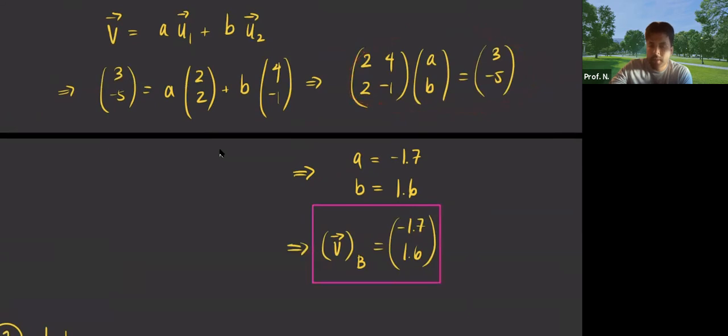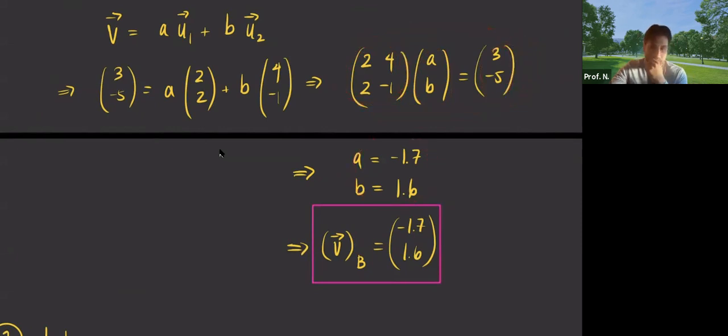In certain regards I'm going to skip over the details because we've been solving these equations so much that it's almost second nature now. When we have a system of equations like this, I want to solve for A, B. So I put this in my calculator, take A inverse, multiply this by A inverse, and I get this as my result.